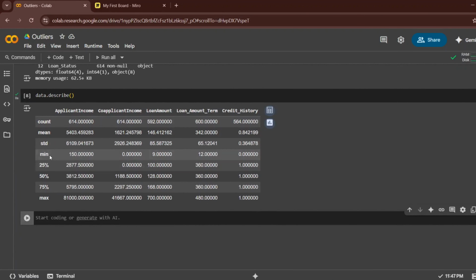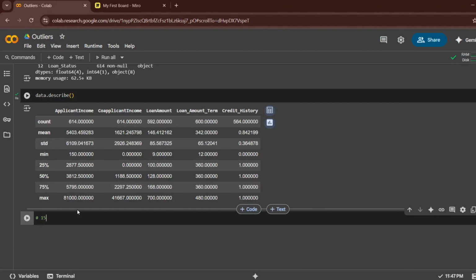Here you can see, to identify in which of the columns there is a presence of outliers, you have to look at the minimum value, maximum value, and the value of mean. The minimum value here is 150. The maximum value is 81,000 in this applicant income column, and the mean value is just 5403. So let me write it over here.